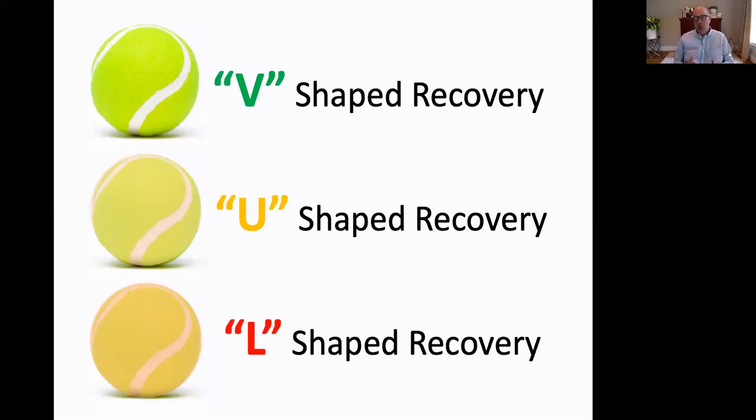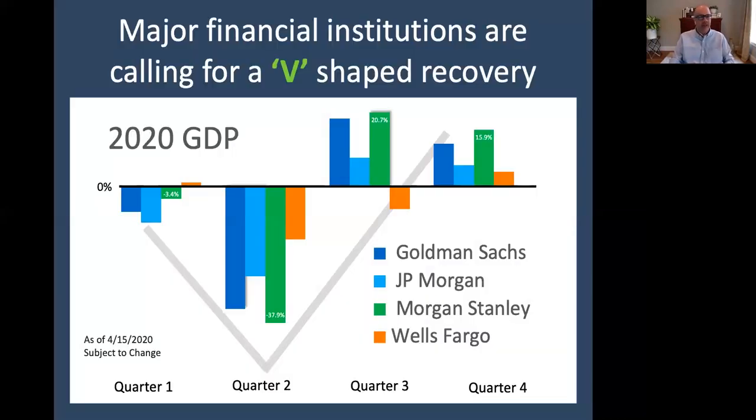So what we want to do in looking at this is say, what are major financial institutions calling for right now? And so in this, what we have is a graphic here that shows Q1 through Q4 of this year in what the four major financial institutions are calling for and showing this V-shaped recovery.